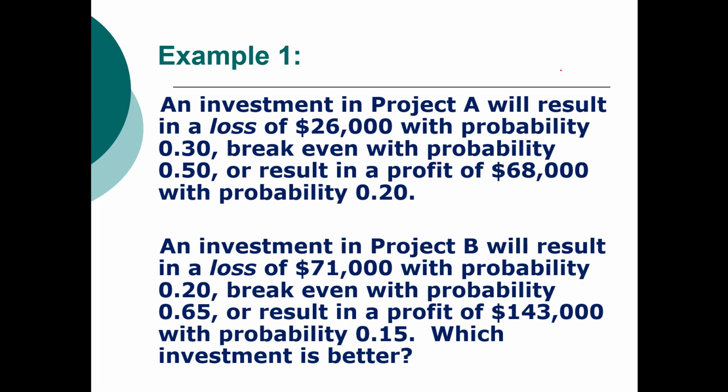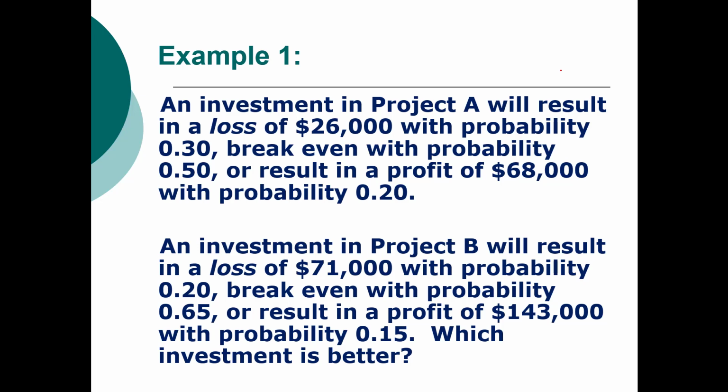All right, so now let's take a look at a concrete example, to see how we apply this expected value concept to measure projects. In this case, investment in project A will result in a loss of 26,000 with probability of 0.3, a 30% chance you end up with a loss of 26,000.